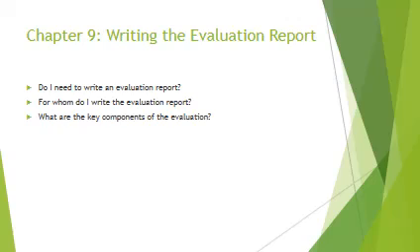Section 2 describes the purpose of the evaluation, which is pretty self-explanatory, and this is also connected with the evaluator's program description. Section 3 is the background information about the organization and the program being evaluated.